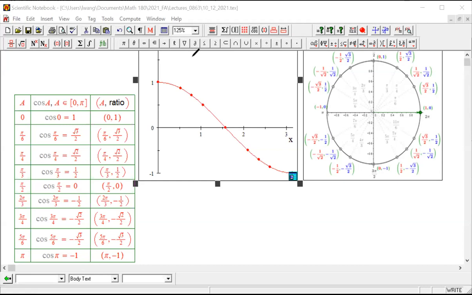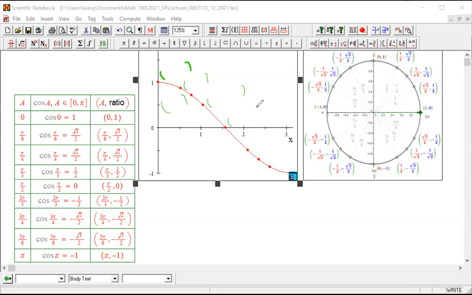Okay. Now, every point has an input and an output.